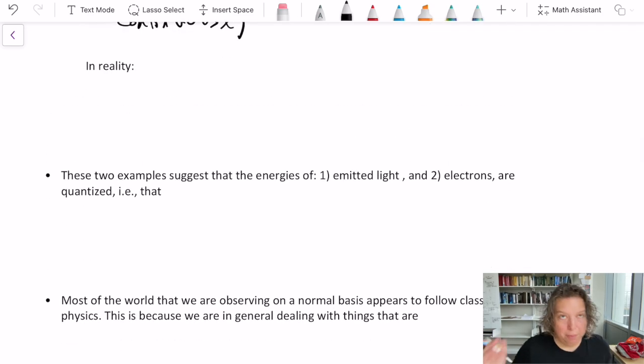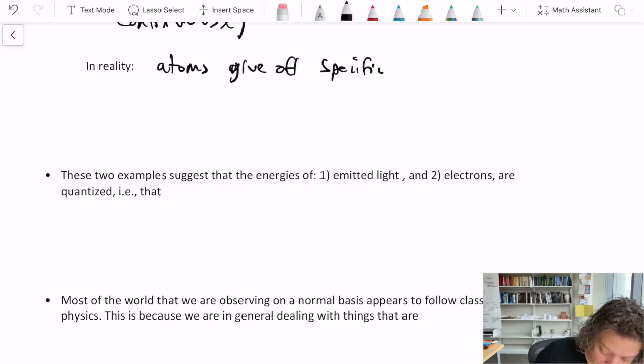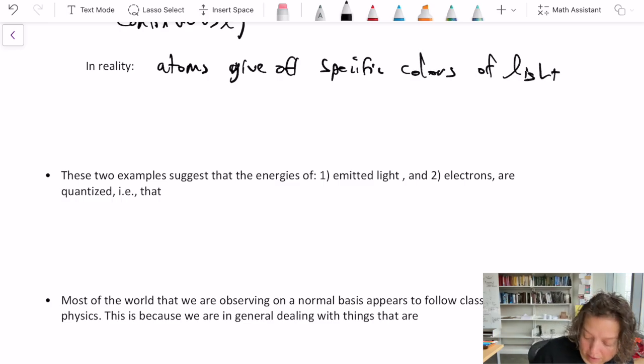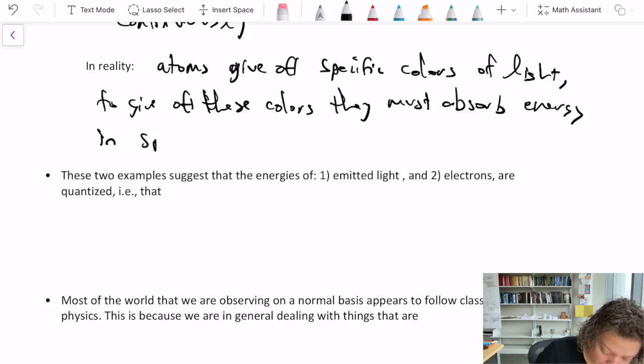So in reality, we probably know from general chemistry that what really happens is that atoms give off specific colors of light, and that again, to give off these colors, they must absorb energy in specific quantities.